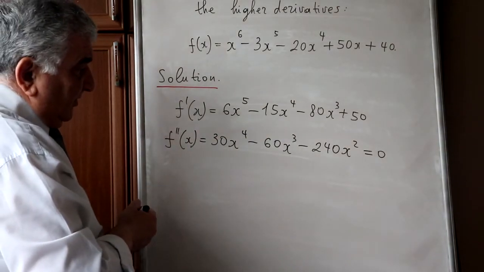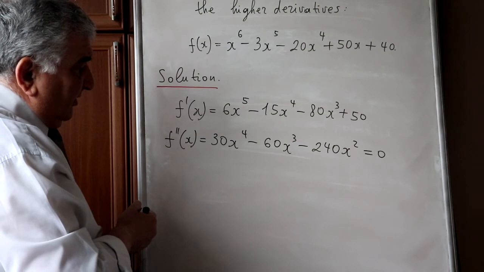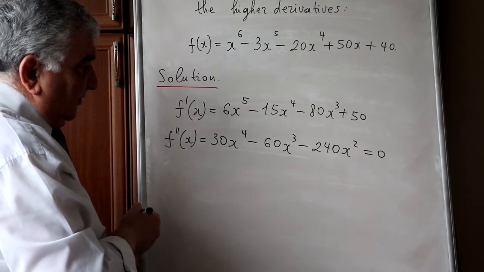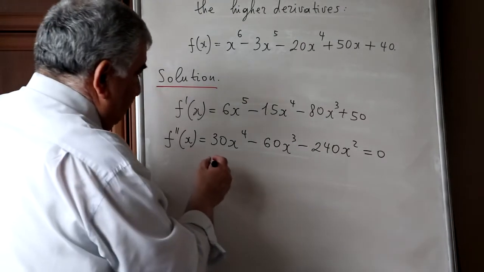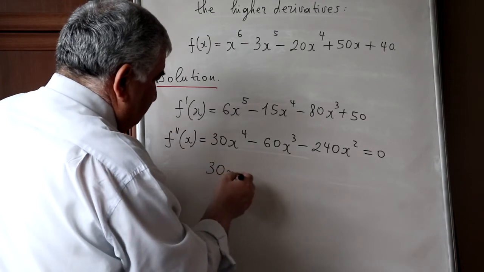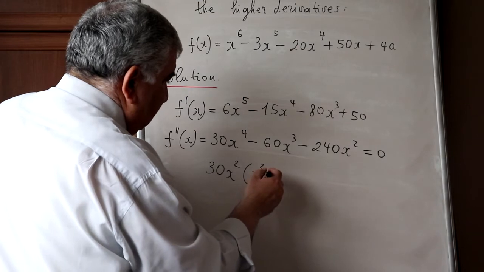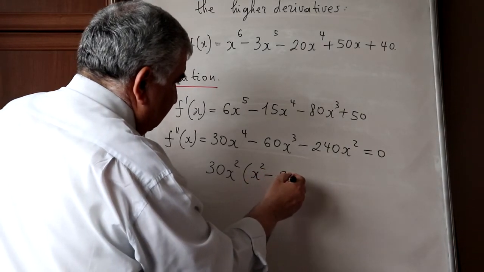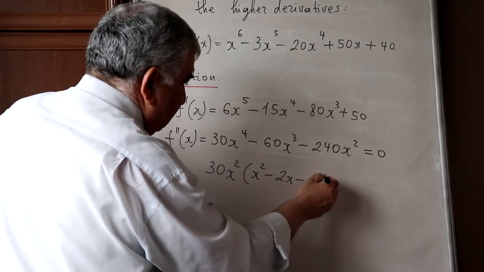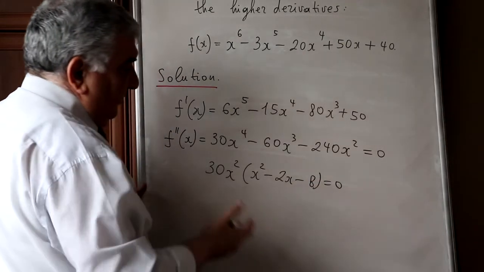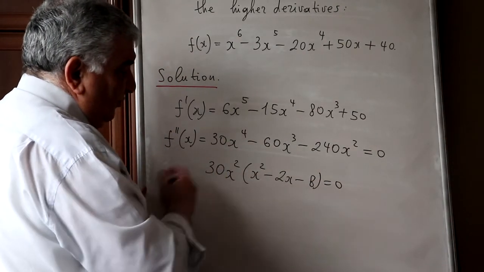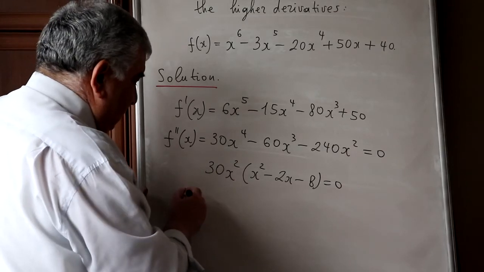For this, we can take 30x squared out of the parentheses. We have x squared minus 2x minus 8 in parentheses equals 0. And then we can define the roots of the last equation.